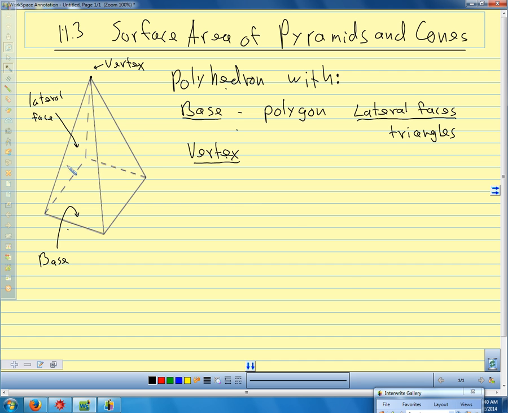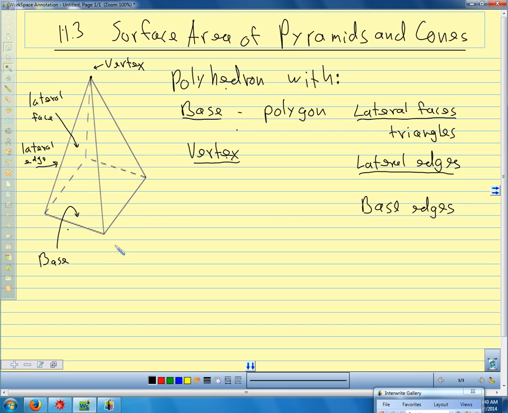The lateral faces meet each other at lateral edges. So these parts where the lateral faces are coming together, we call the lateral edges. We also have base edges.